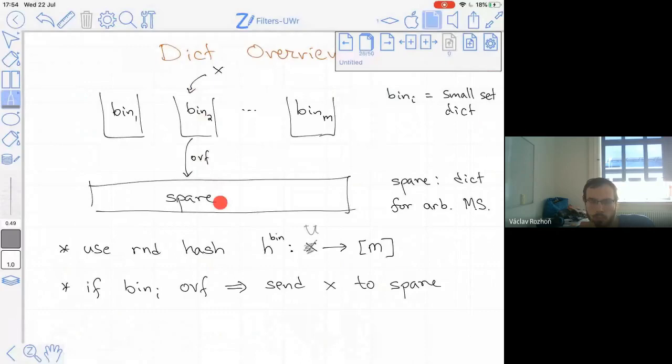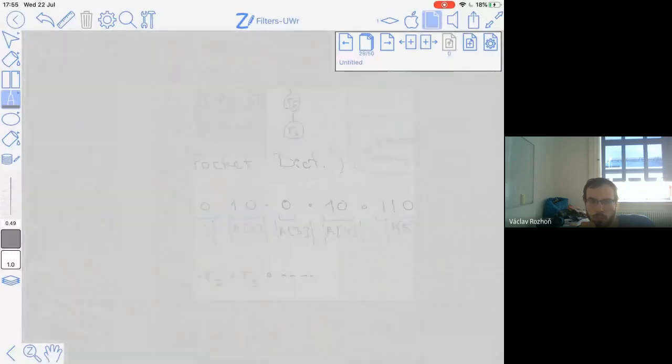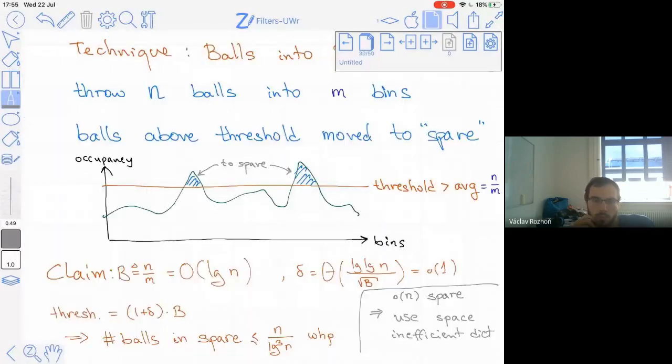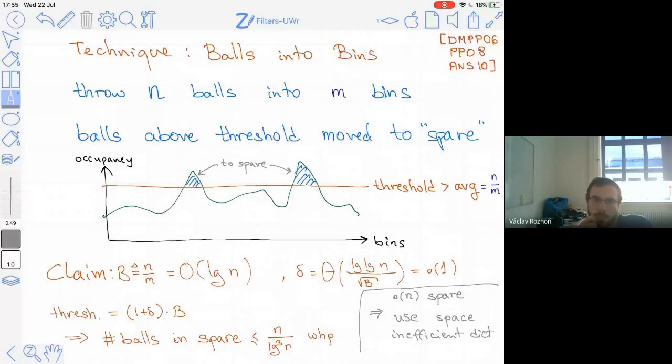So we look at throwing n balls into m bins. The x-axis tells us the bins, the y-axis tells us how many balls fell into each bin. We put a threshold slightly above the average occupancy, and we hope that the number of balls that fall above the threshold is small.